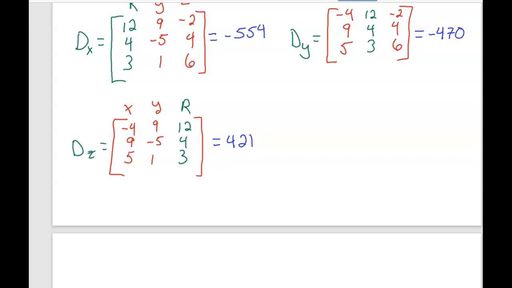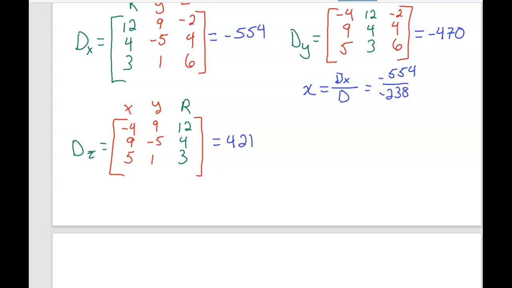Once you find these items, you're going to do Cramer's rule to find x, y, and z. X is going to be dx divided by d. So you're going to take negative 554 and divide it by what you found on the original d, which was a negative 238.